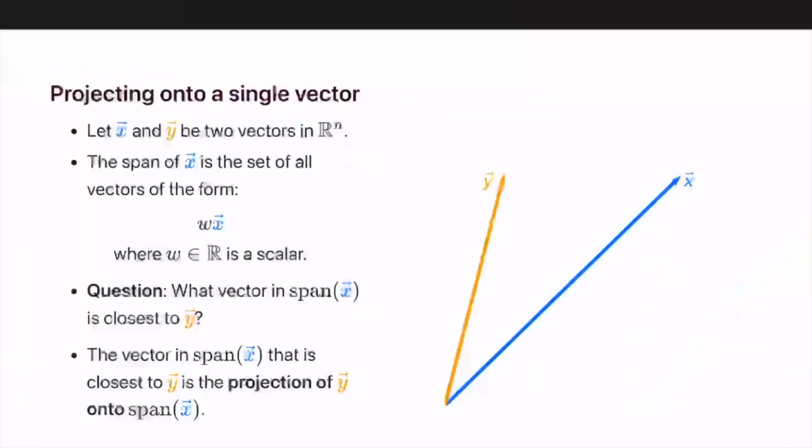So w is a scalar that scales x, and it's the set of all scalings of x that we could have. For the vector x, there's a w that gives us this. There's also one that gives us double that. There's one that gives us negative, right? And really, there's an infinite number of them because we can scale x positively or negatively by any amount that we want.